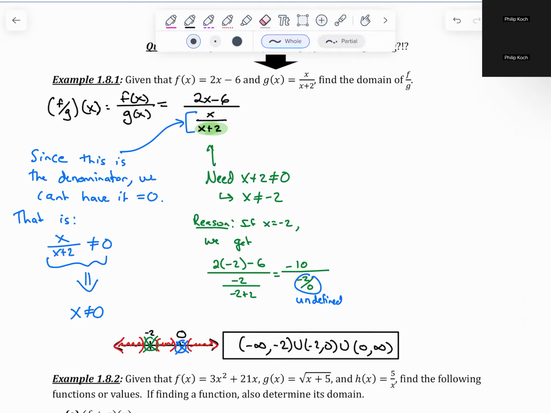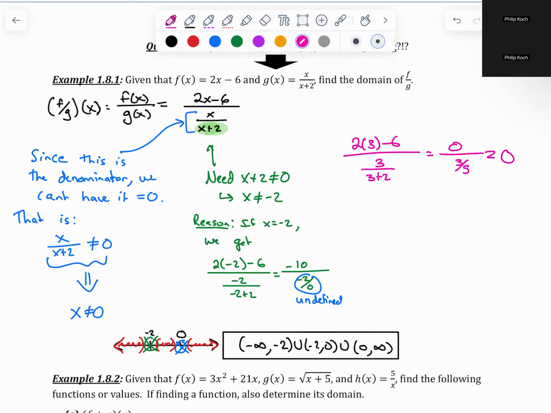If I plug in 3, I get 2 times 3 minus 6 divided by 3 over 3 plus 2. That would be 0 divided by 3/5. And 0 divided by any number is just 0. So it exists at 3. The numerator equaling 0 is never a problem. It's only when 0 is in the denominator that we get undefined or indeterminate.